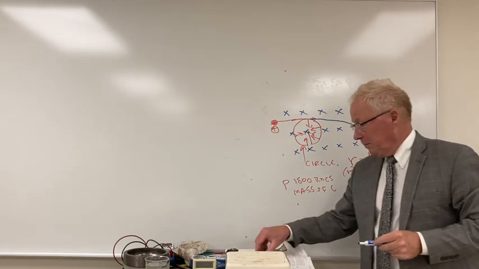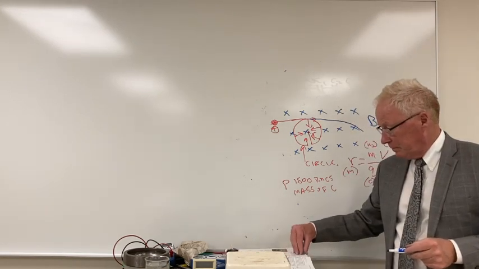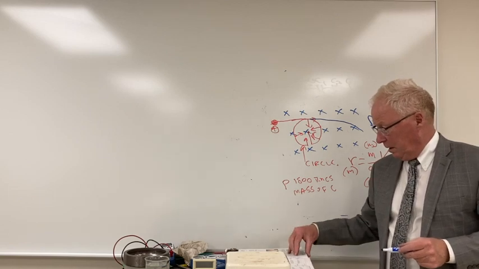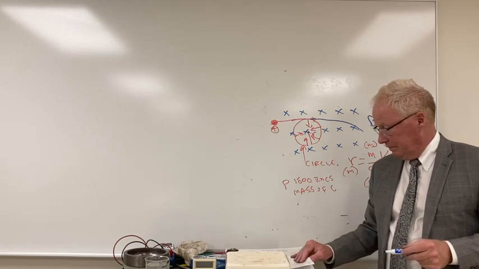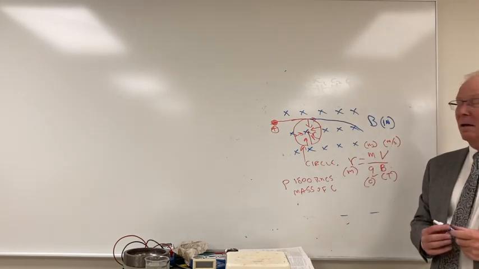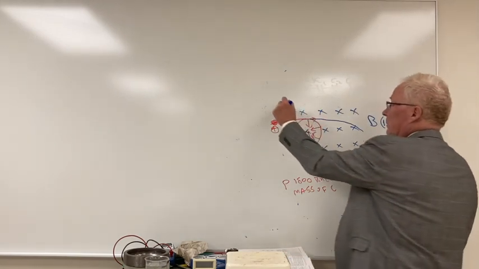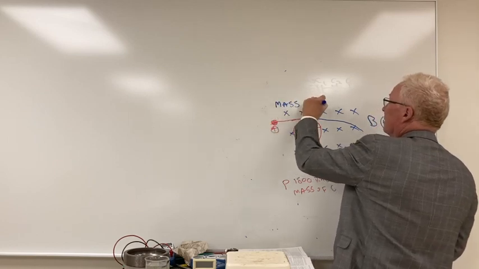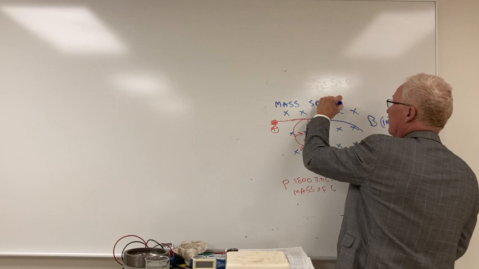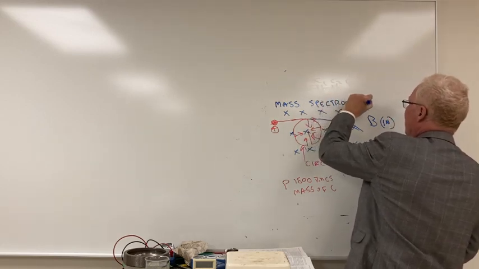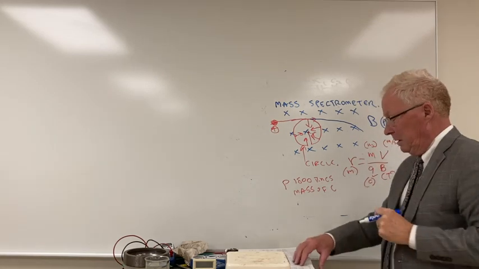This concept is what we're going to use for what we'll see in a little bit, the principle of a mass spectrometer. And I'll get to that in a little bit.